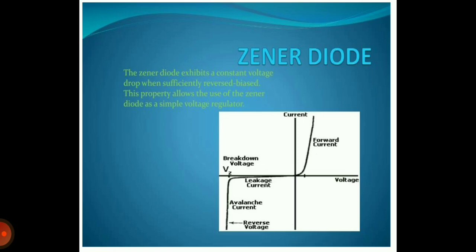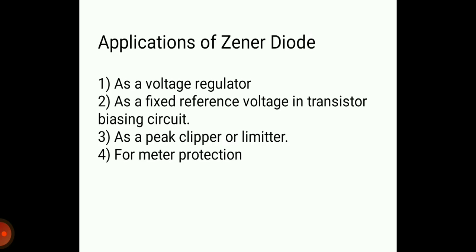But in the third quadrant, voltage and current are both shown because both are connected in reverse biasing mode. Means after breakdown, current rises rapidly. That current is called avalanche current. Means after avalanche breakdown or Zener breakdown, current increases rapidly.